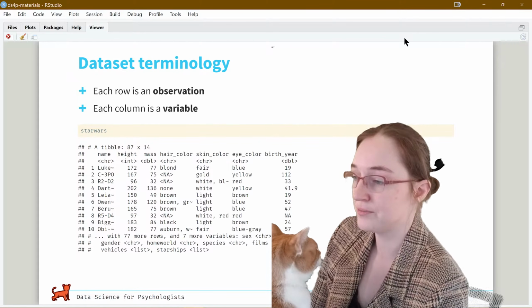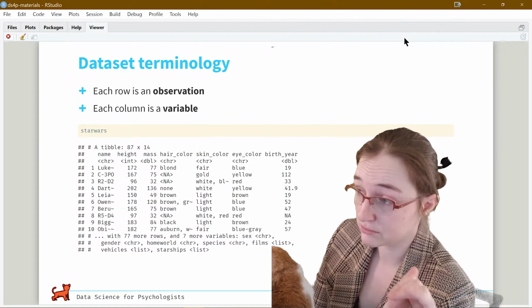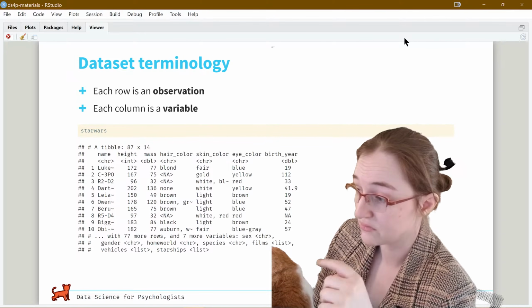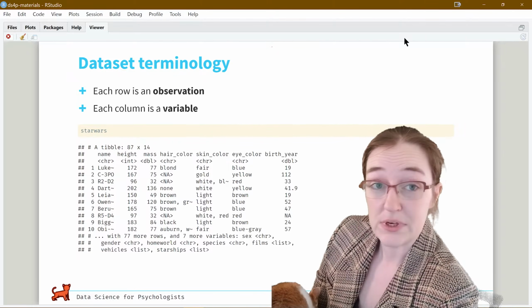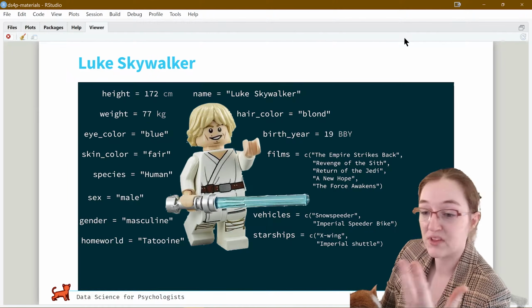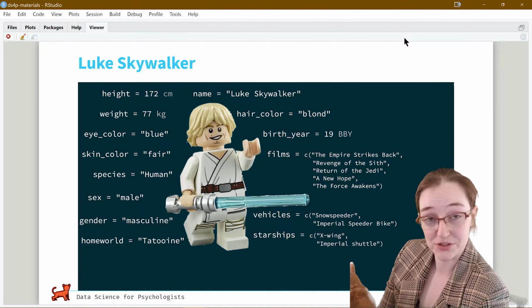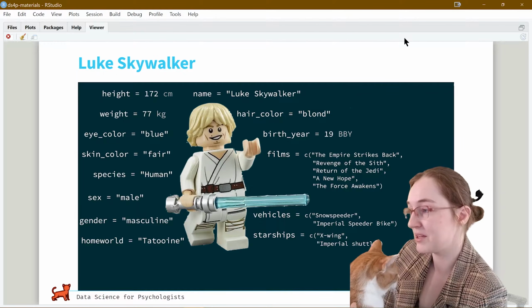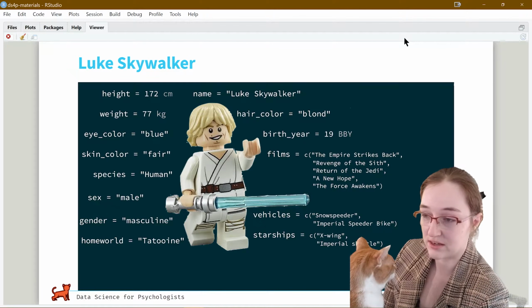Each row is essentially people or individual pieces of the same person unit. So here's one row. We have Luke Skywalker. His height is 172 centimeters. He weighs 72 kilos. His name is Luke. His hair color is blonde.